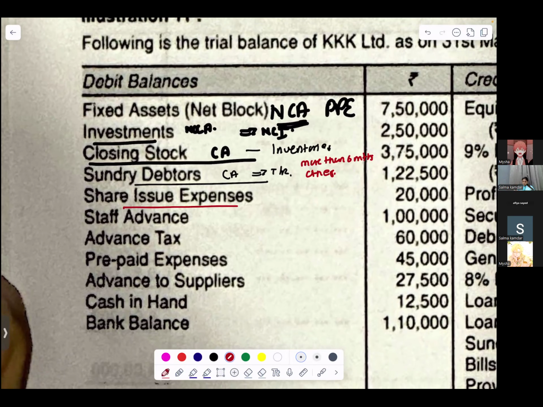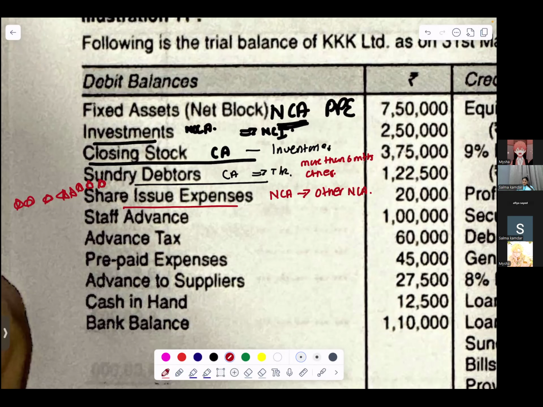So this is something that you should remember. Maisha, are you there with us? Yeah, ma'am. So where will share issue expenses go? Share issue expenses will go in non-current assets, in other non-current assets. I hope you're with me.